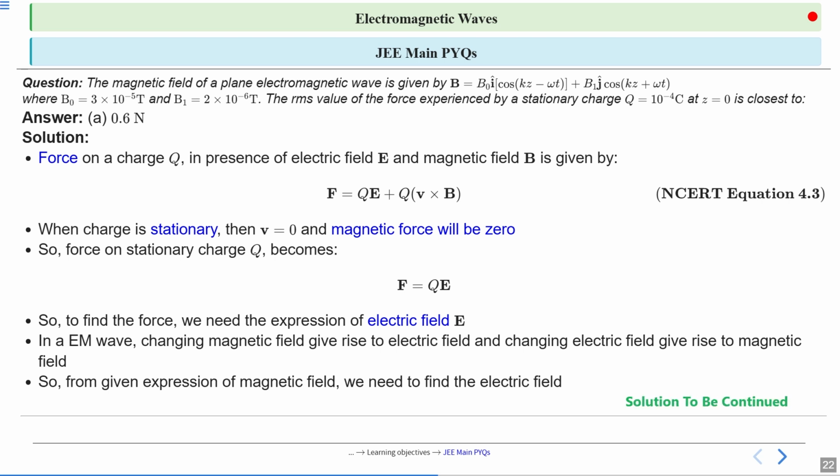Because the charge is stationary, there is no velocity, so the QV cross B term will become 0. That means there is no magnetic force on the charge. Only the electric force is on the charge.